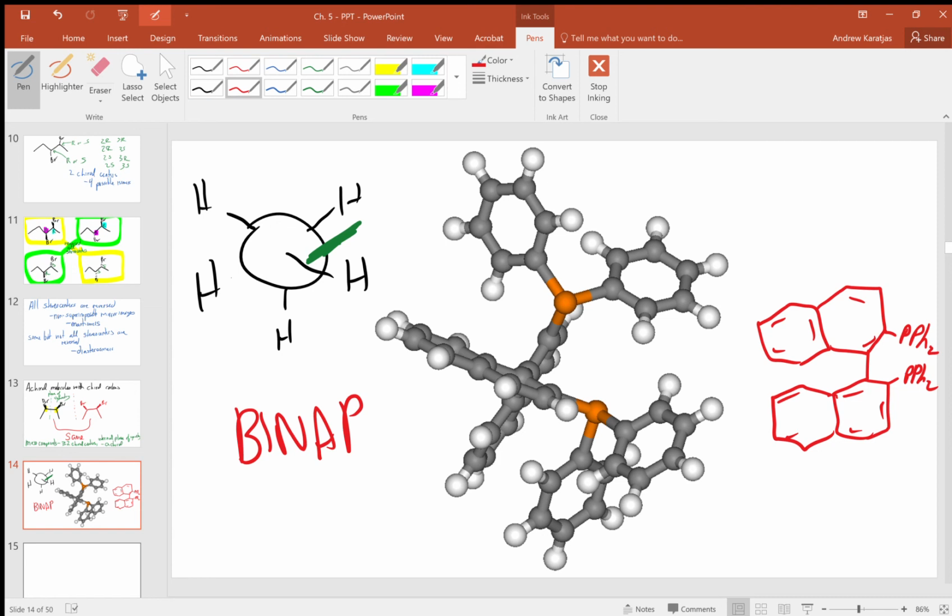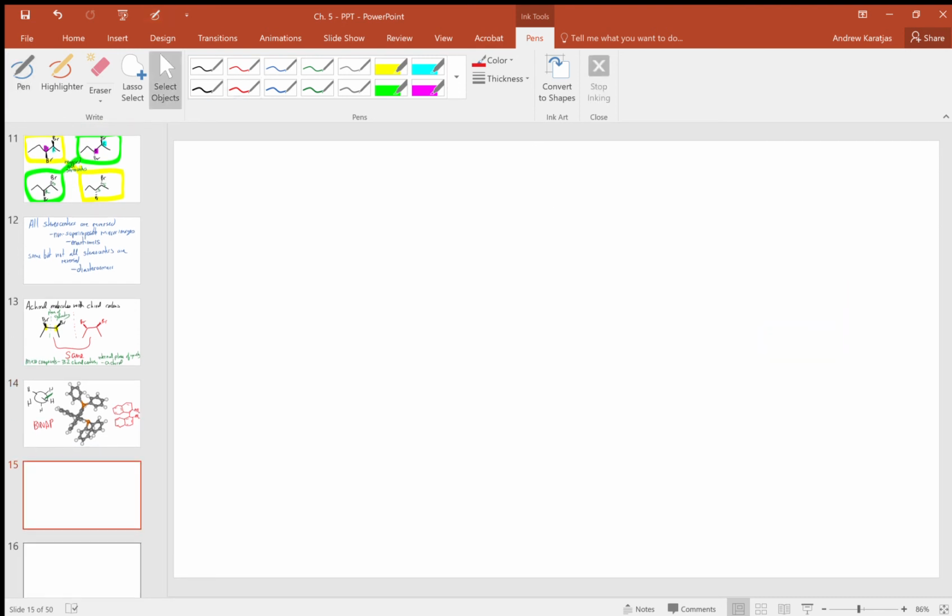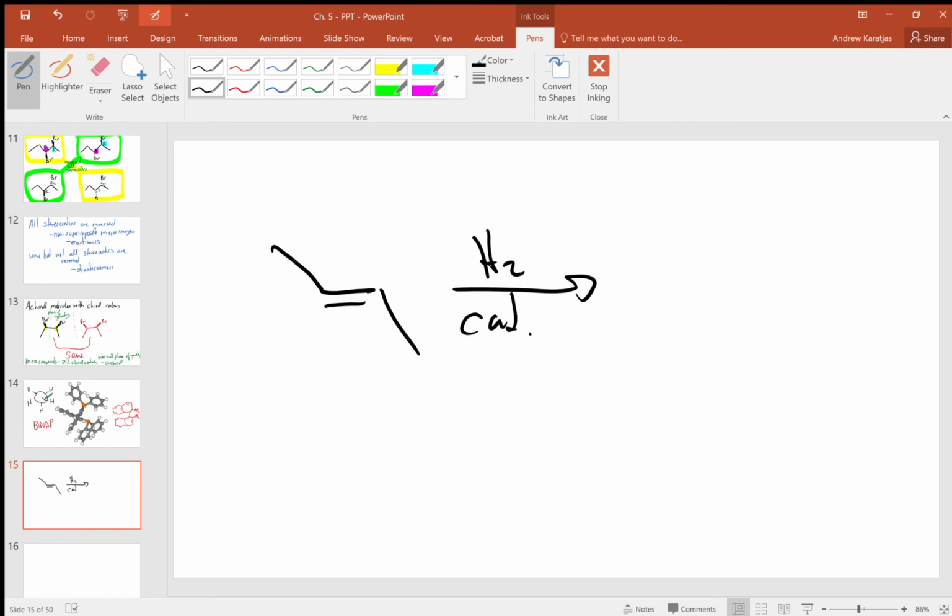And at least in the case of BINAP, this ended up being important enough in a reaction that we're going to learn in the future, hydrogenation. Hydrogenation is a reaction that takes an alkene and adds hydrogen to it using a catalyst to form an alkane.